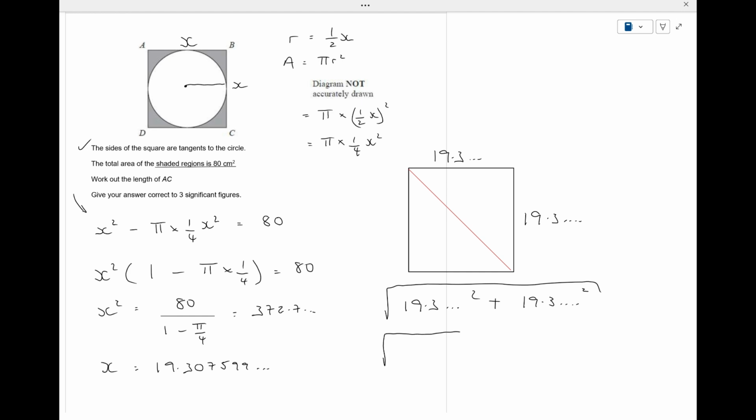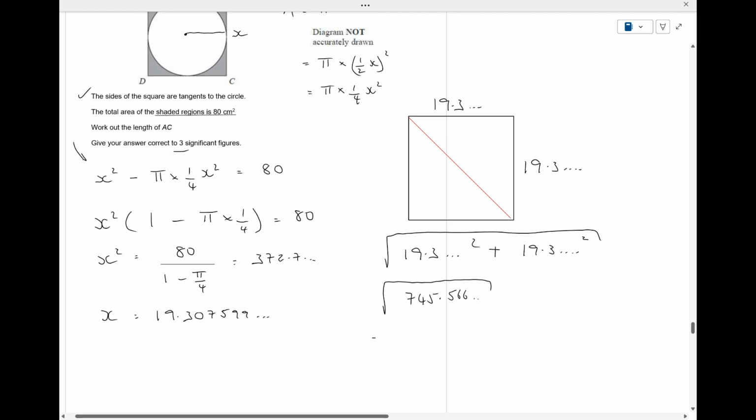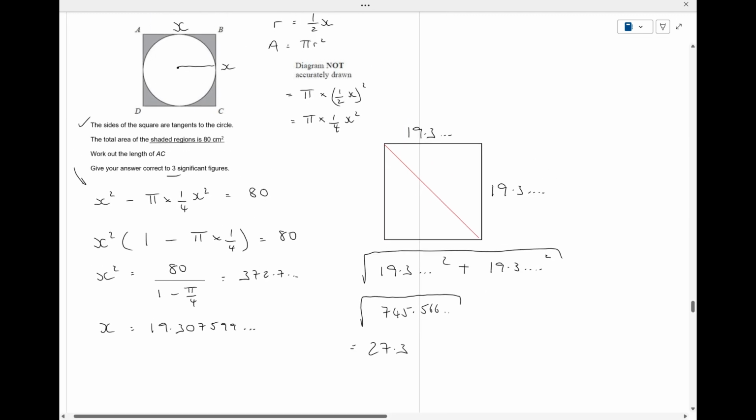So AC is the square root of 745.566 and so on. Square root answer equals, correct to three significant figures, 27.3. Let's write that legibly. 27.3 is the length of AC, correct to three significant figures.